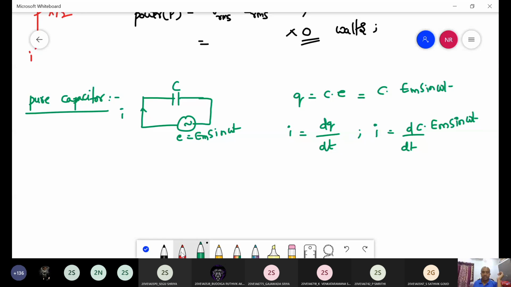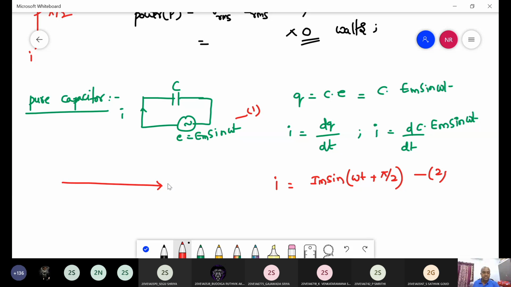If I derive this equation, here we will get that I is equal to Im sin (omega t plus pi by 2). This is equation 2. Here it is equation 1. If you compare these two equations, when I am considering voltage E as a reference, what is the current here? Leading. How can you say that it is leading?